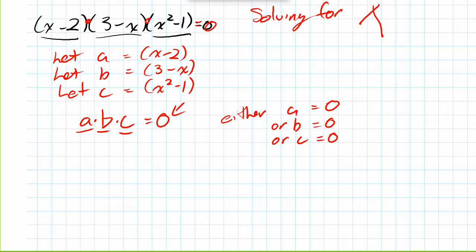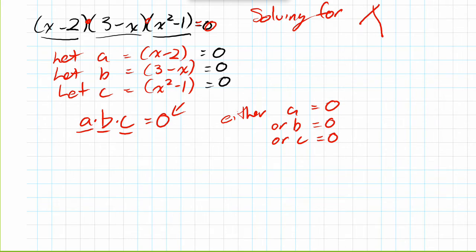It could be one of them. It could be all of them technically. But at a bare minimum, one of them must be 0, because you cannot use any other numbers in mathematics and get to 0 when multiplying. So what that means is each of these brackets, one of them must be a 0.